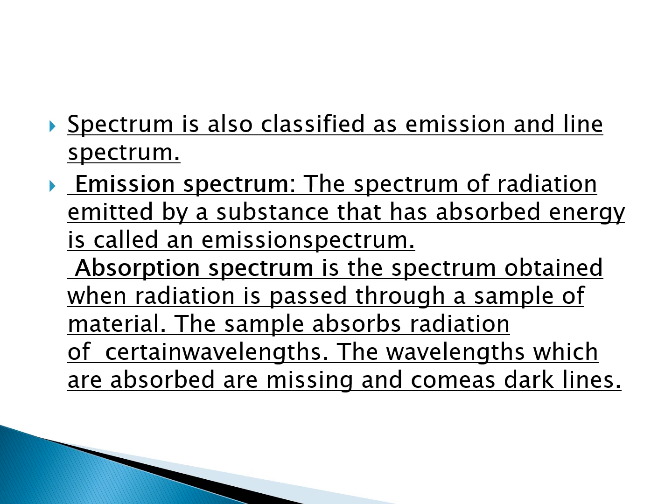Or we can say a continuous range of radiation is passed to a sample which absorbs radiation of certain wavelengths. The wavelengths which are absorbed are missing and come as dark lines. The study of emission or absorption spectra is referred to as spectroscopy.